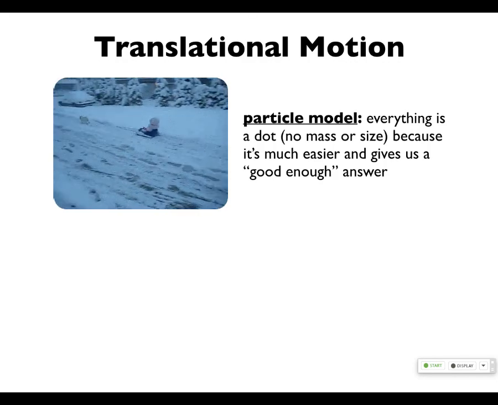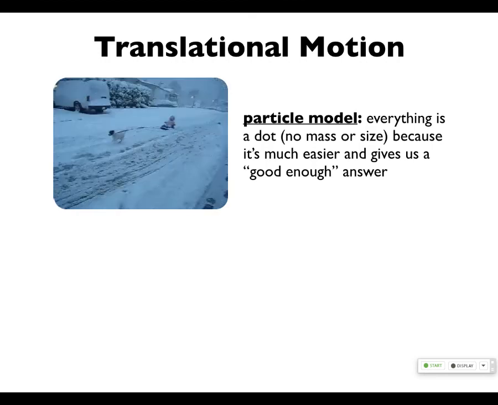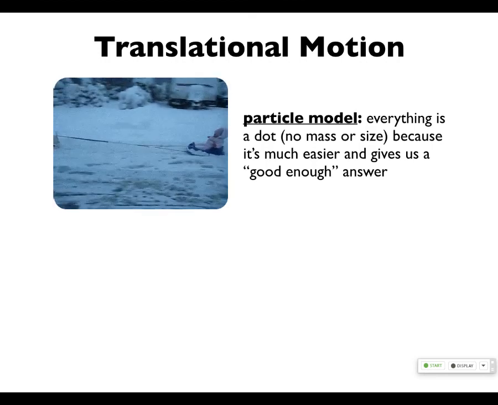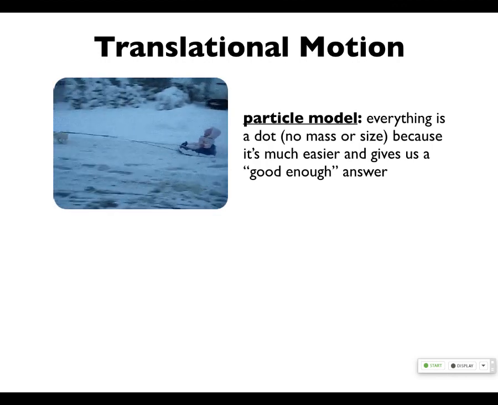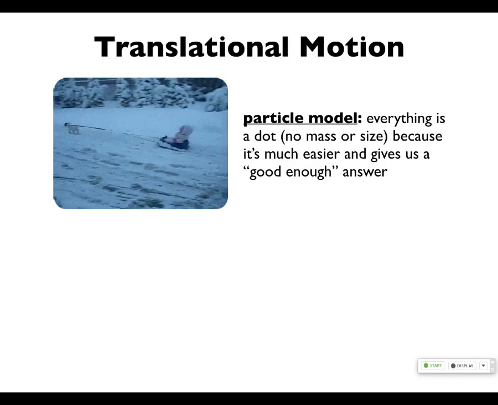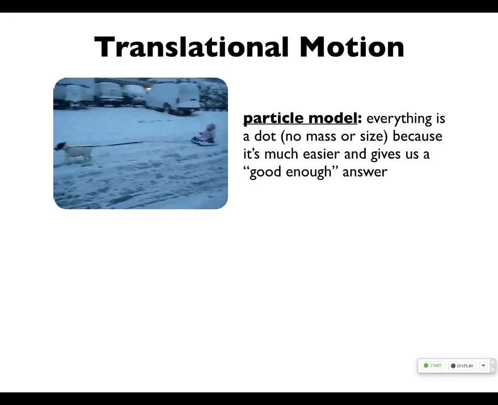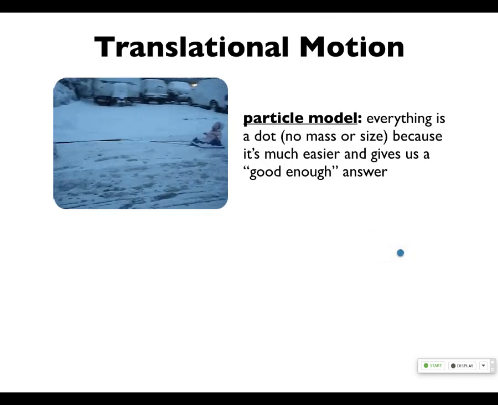When we make it a dot, we make it an infinitely small dot, but those are hard to draw too, so we just pretend it's really small, and it doesn't have any mass, and it doesn't have any size. It's just easy, and it's the simplest possible thing. We can add detail back to the dog if we decide that we need it. So here's our dog. Now it's a dot.